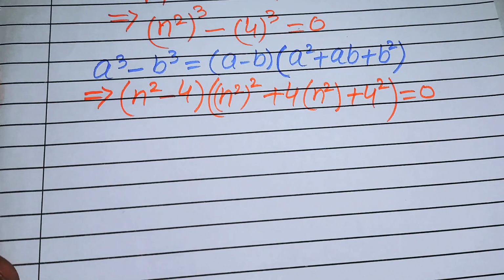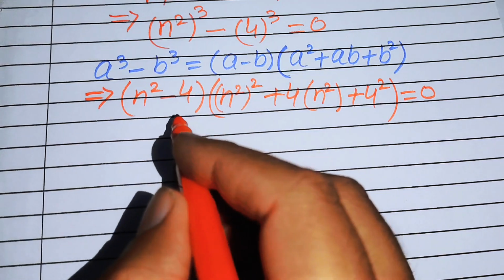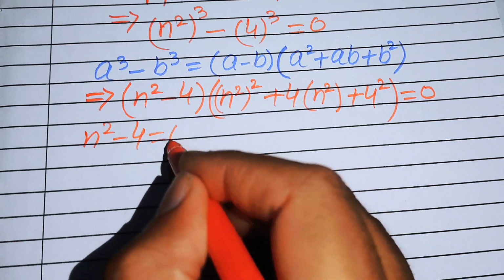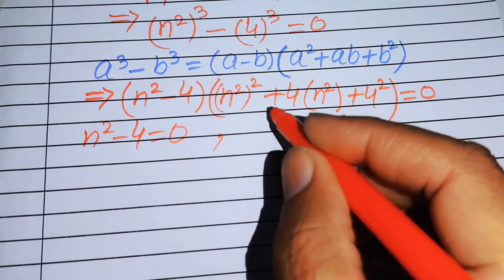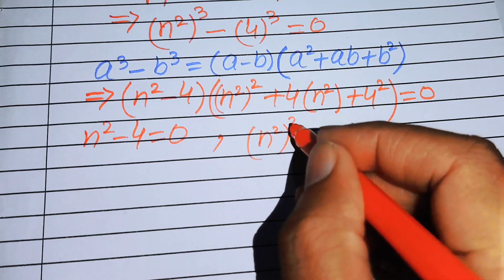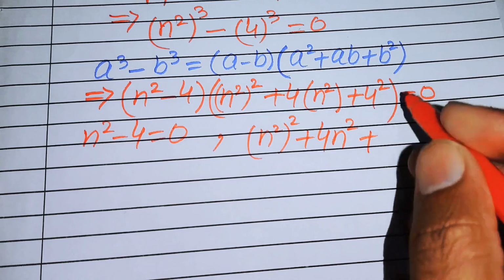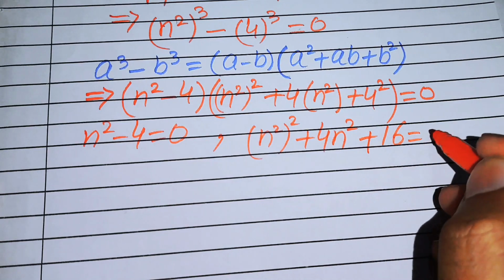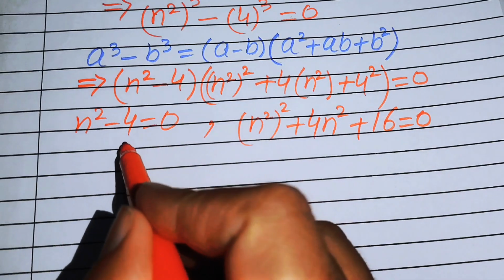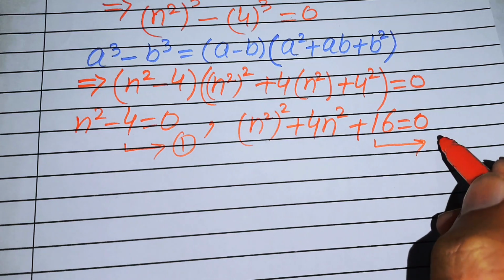So here you have two cases. The first case is we take n squared minus 4 equals 0, and the other case is we take n squared whole squared plus 4 times n squared plus 16 equals 0. Now I can name these as equation number 1 and equation number 2.